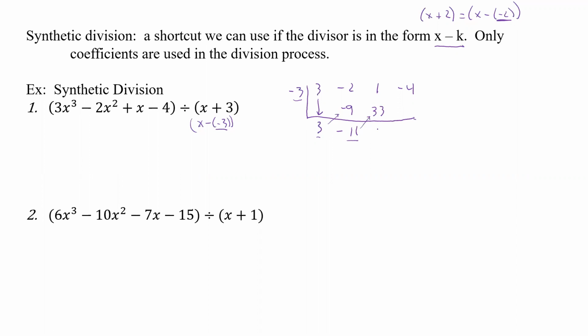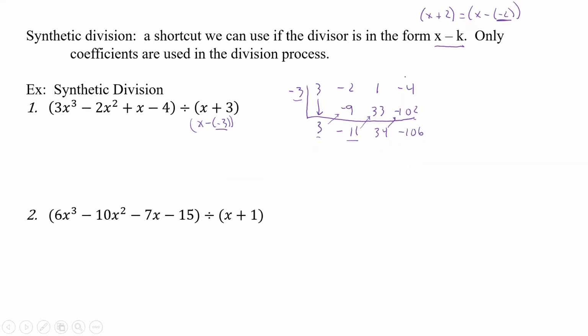So now we add those two together, we get 34. And then we multiply negative 3 times that, and so that's going to be a negative 102. And so we've brought that up, and so now we add those two together, and so that's a negative 106.